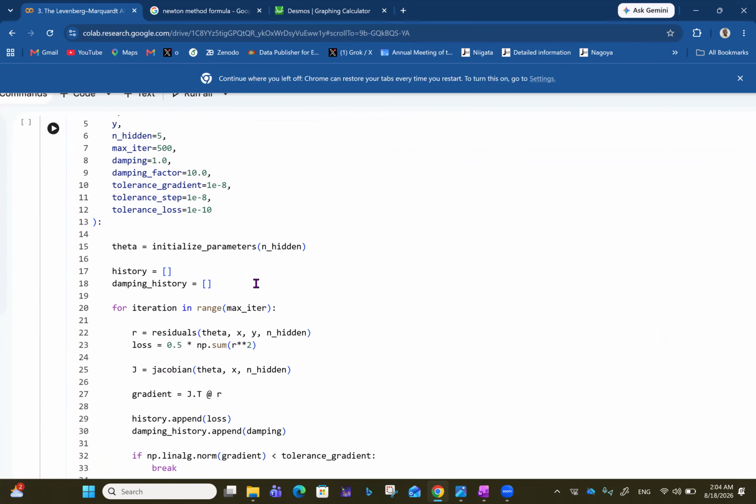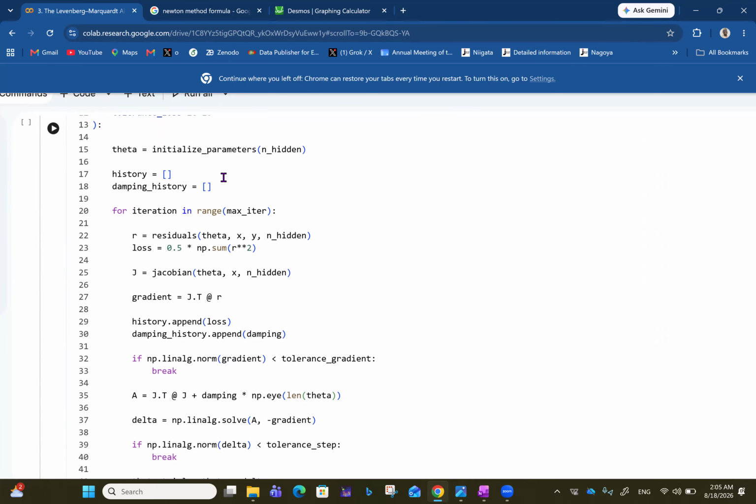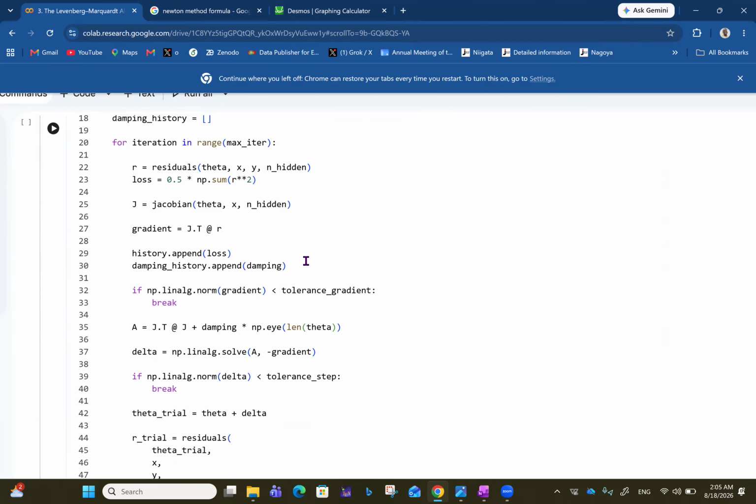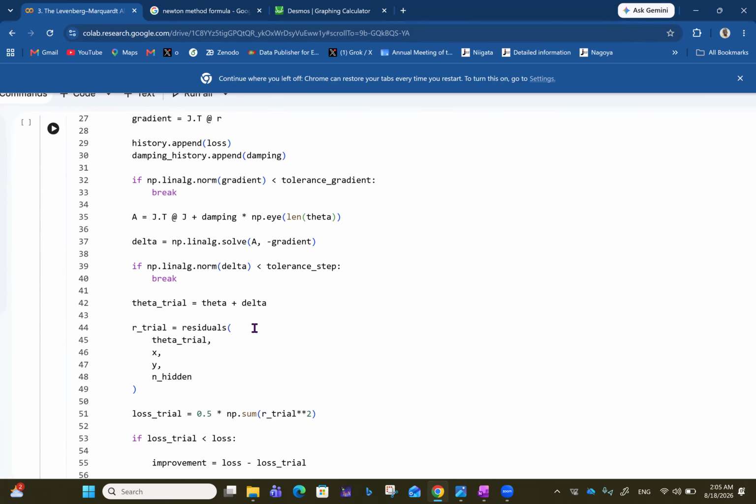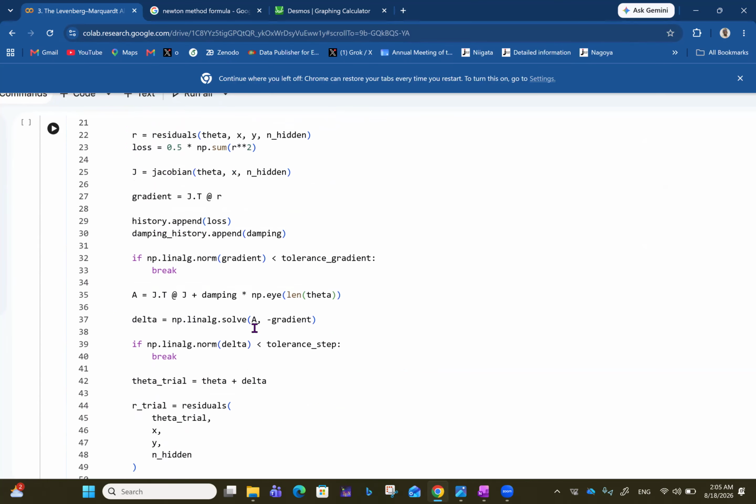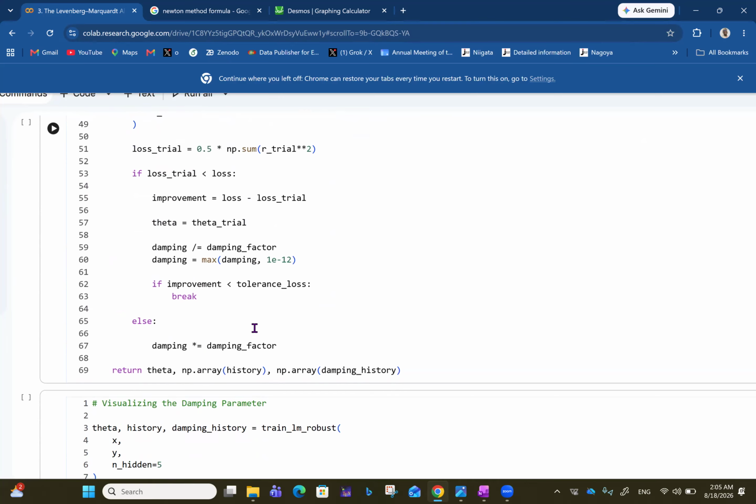Then you have your theta, initialized with initial parameters for the hidden layers, then the history, which records the loss as it goes down, then the damping history. For each iteration in range, you have the residuals, the Jacobian, and the gradient, like the things we did before, except that now we are making it more robust with the whole damping mechanism.